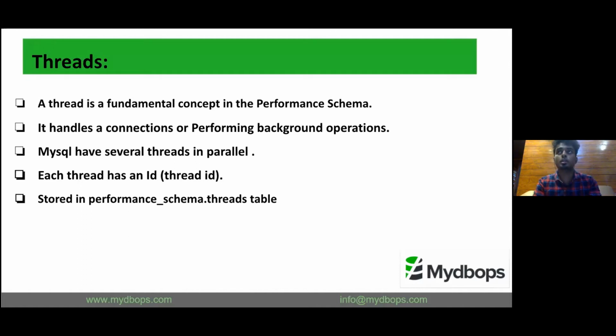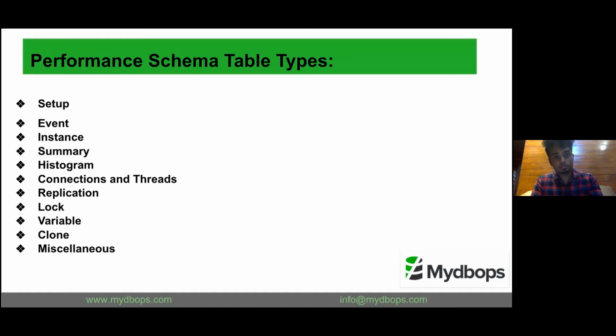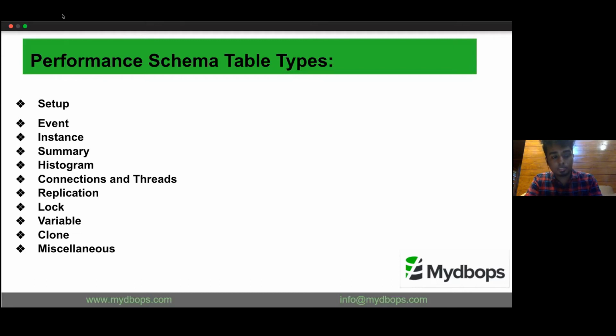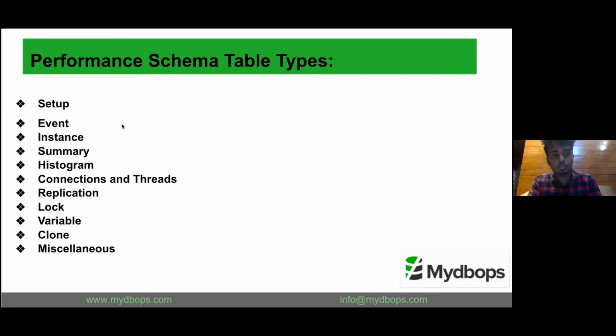Threads are stored in the performance schema threads table as consumers, and instruments are stored in the threads tables. Performance schema table types. There are several instruments that are referred to in the setup instruments table: setup, events, summary, histograms, replication, lock, variables, clone, and miscellaneous.